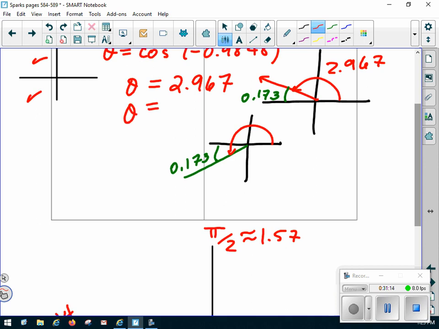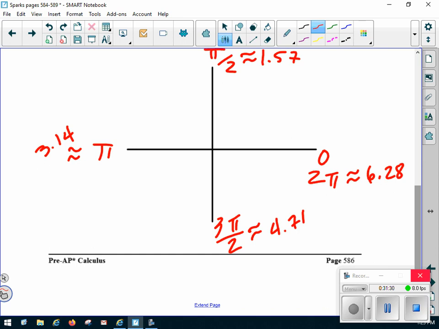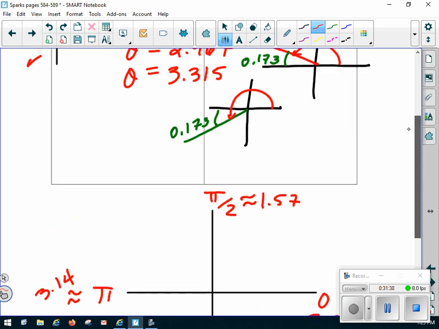So my other angle is going to be 3 point something. 3.3. How are we sure that that's an angle in quadrant 3? You bet. It's between 3.14 and 4.71. So there are your two angles.